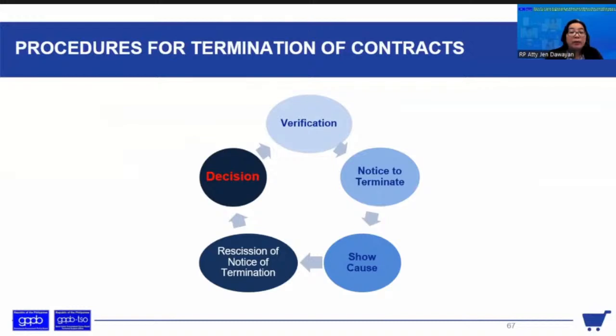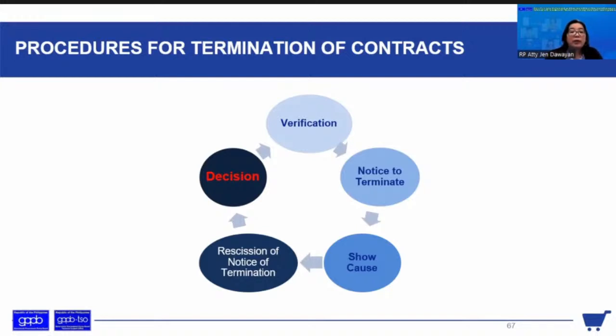where the procuring entity will now terminate by written notice, conveying doon na it's terminated, and what is the extent of the termination. Of course, when the contract is terminated, the acts that would constitute the grounds should have been included. And the extent of the termination, whether it is whole or in part, no?